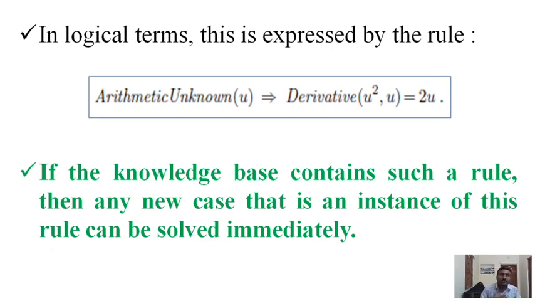For example, we also use the same concept in our general life. To solve any problem that frequently occurs, every time the same problem occurs, we find a formula or solution for this problem.